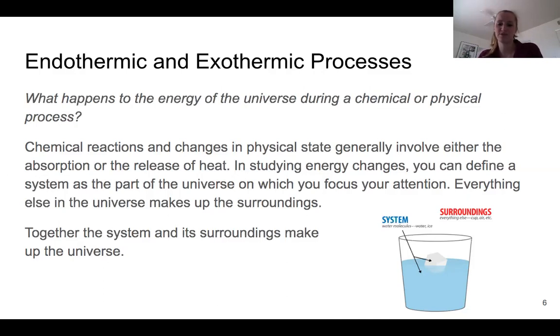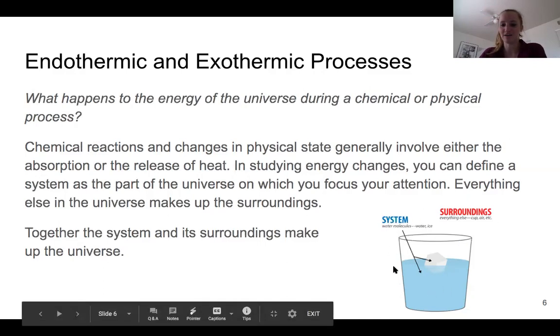So that's really important to remember. The system is what you are focusing your attention on. You're focusing on how the temperature is changing, and the surroundings is everything else around it. Okay? And altogether, this creates something called the universe. So for example, here we have our glass of water.